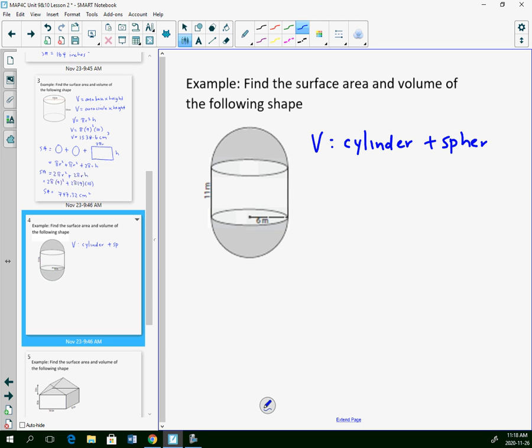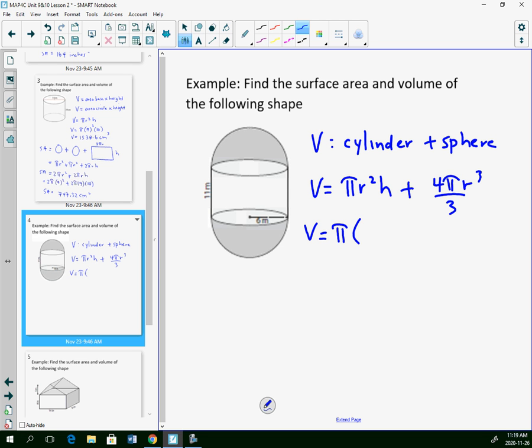So you have half a sphere on the top, half a sphere on the bottom, and together they make one whole sphere. The formula for a cylinder is pi r squared times the height, and the formula for the volume of a sphere is 4 pi r cubed divided by 3. So we'll just plug in those numbers.